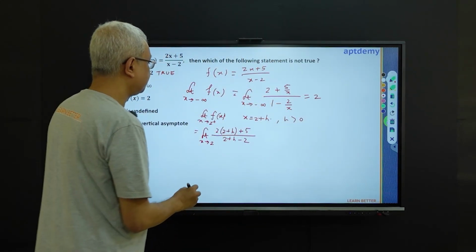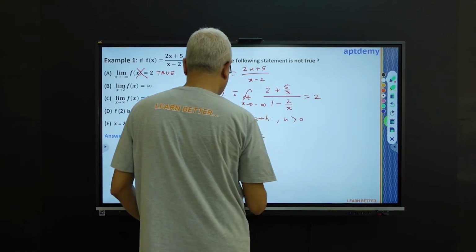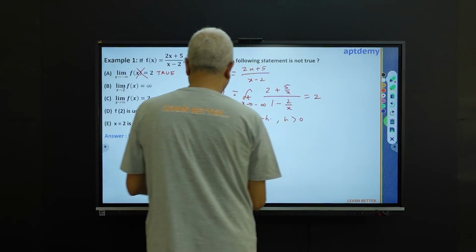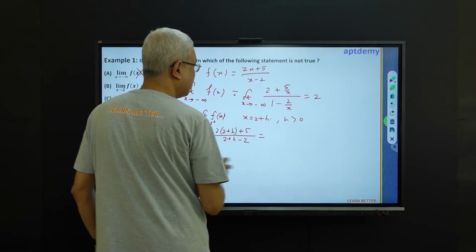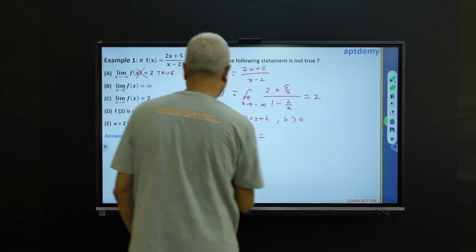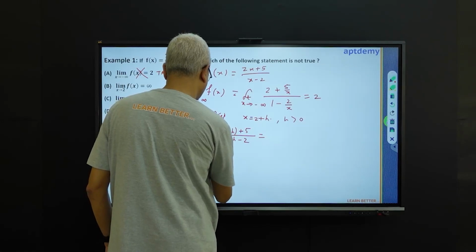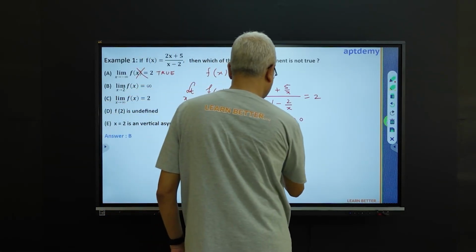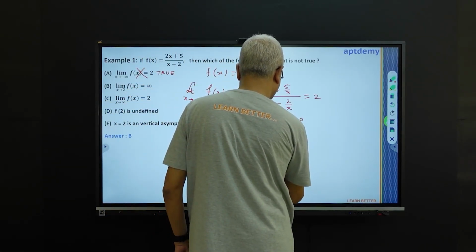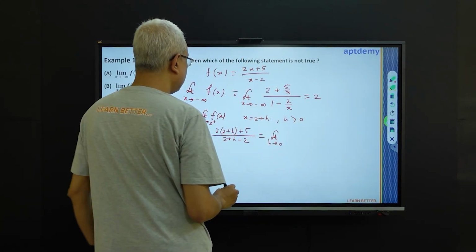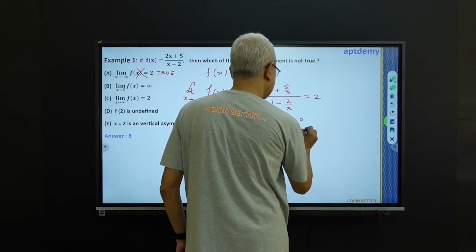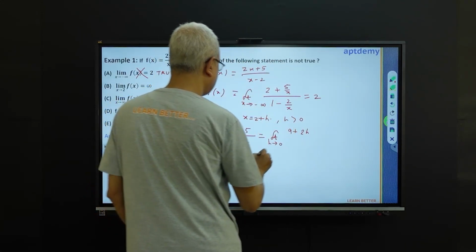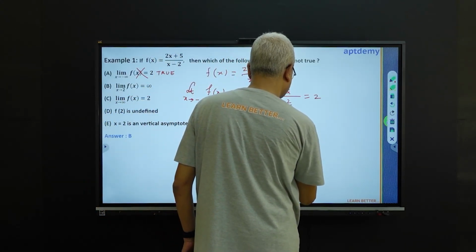So it is limit h tends to 0 of (4 plus 5, 9 plus 2h) divided by h.